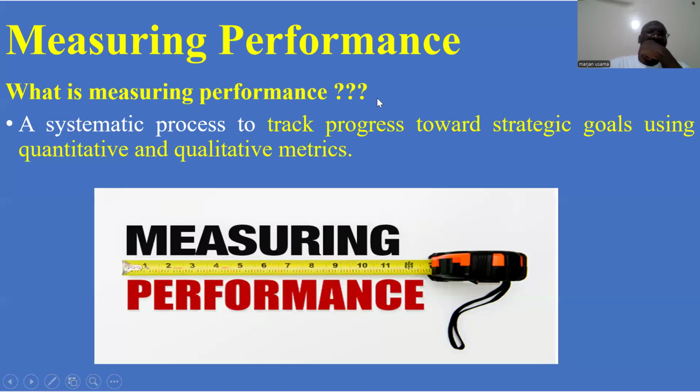So now, remember when you're talking about evaluation, you are talking about performance. So what is measuring performance? A systematic process to track progress towards strategic goals using quantitative and qualitative metrics. Full stop. Underline the word quantitative, underline the word qualitative.